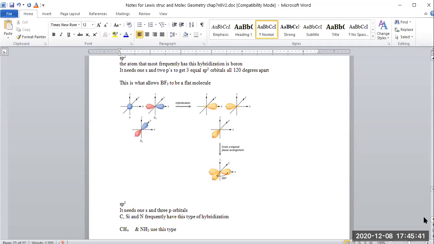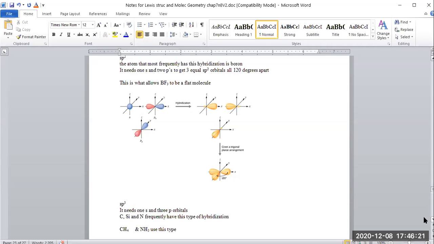We talked about trigonal planar as a geometry that boron likes to make. This gives you more of the why, because you only have 3 blobs, in this case 3 equal and opposite blobs in yellow where your electrons can reside. This is what allows you to get that flat triangle architecture.